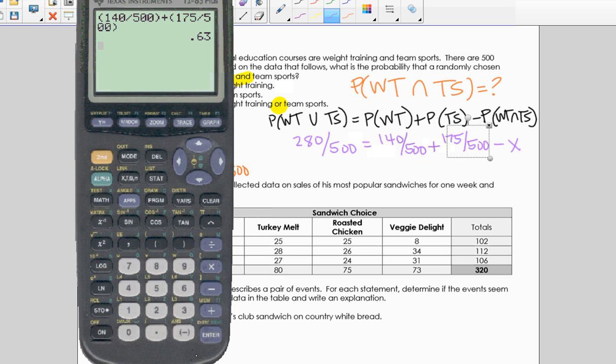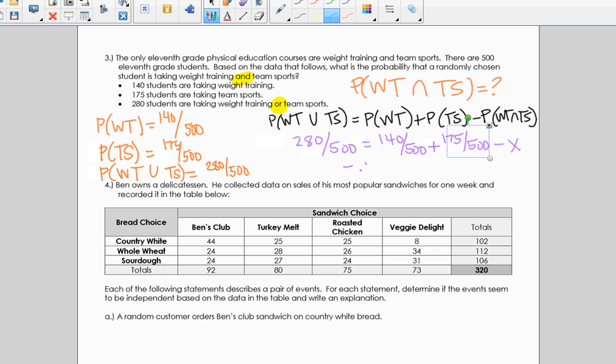Then I take 280 out of 500 minus that answer, which means I am at negative 0.07. So remember, negative 0.07 equals negative x. When you divide both sides by negative 1, you'll get a positive. So it is a 7% chance, and that isn't rounded, that's exact.